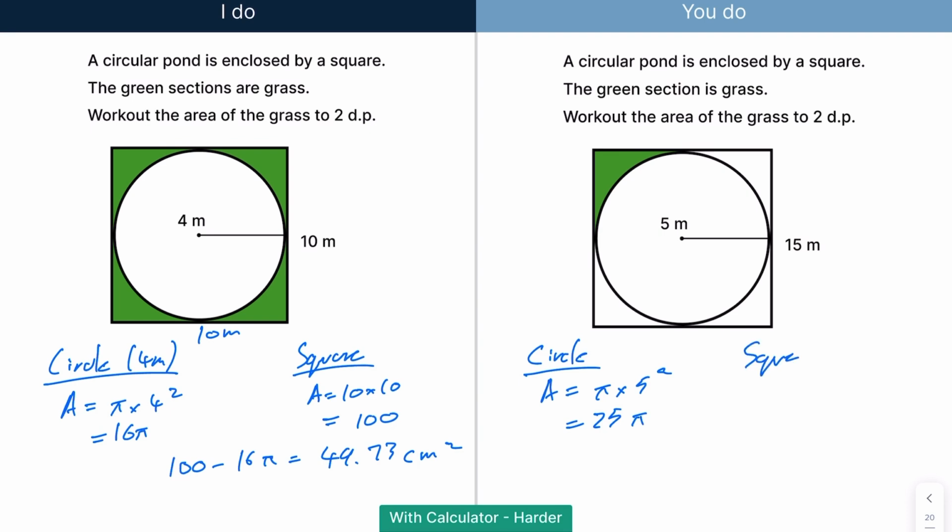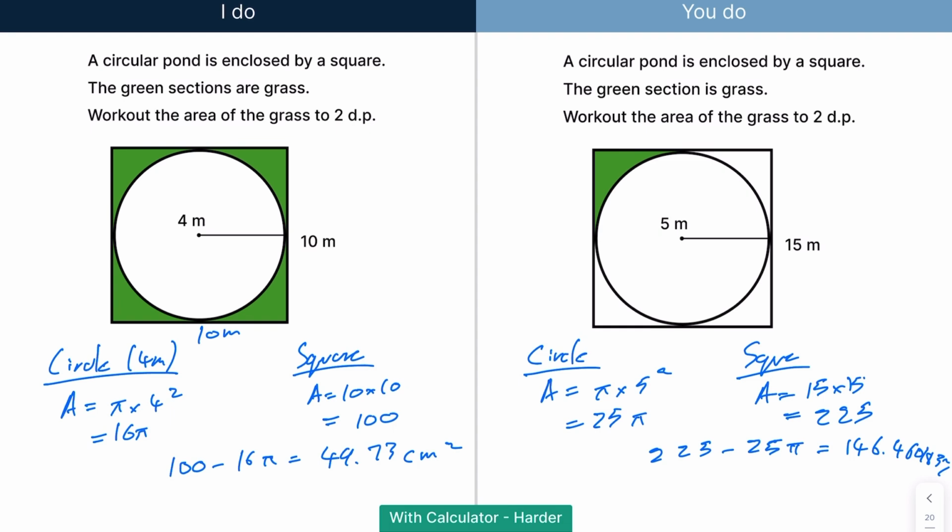The area of the square is 15 times 15. And 15 times 15 is 225. Now we're going to take them both away. So 225 take away 25 pi. And that gives me, again, here we're not going to round, 146.6401837.